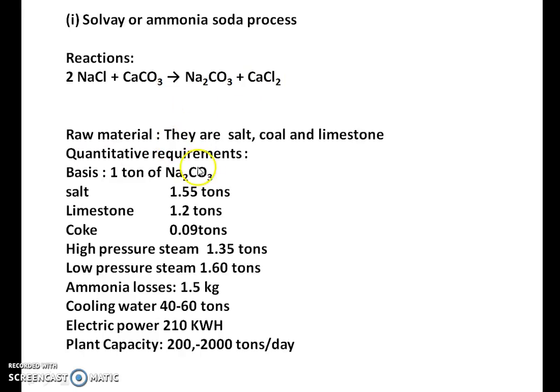And in this you require 1.2 tons of limestone and then 0.09 ton of coal. These are a few figures in terms of cooling water requirement and electricity requirement, considering a capacity of around 200 tons per day.